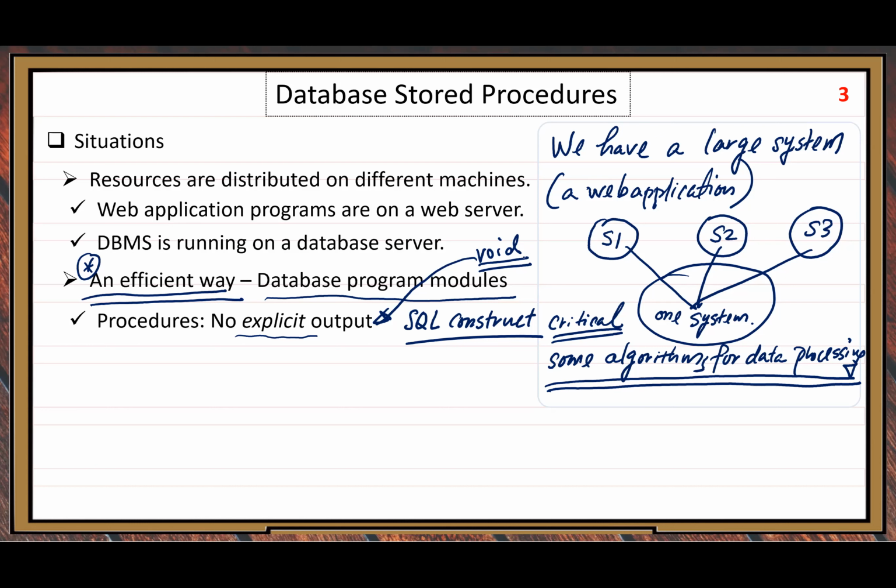So a procedure corresponds to void type functions. It only does the data processing, but does not return output data. But sometimes we need to generate data. That's the second type, called a function. So we separate procedure and function by looking at whether it generates output or not, returns data.